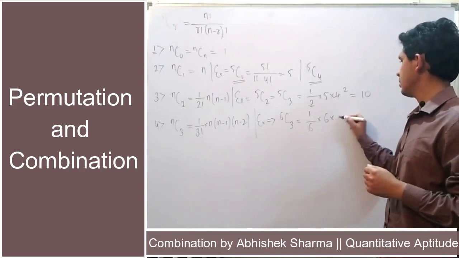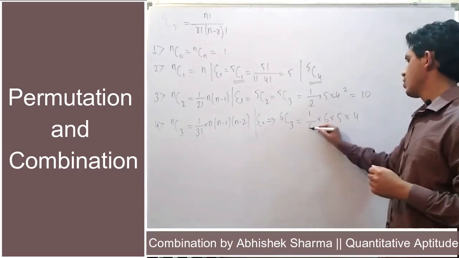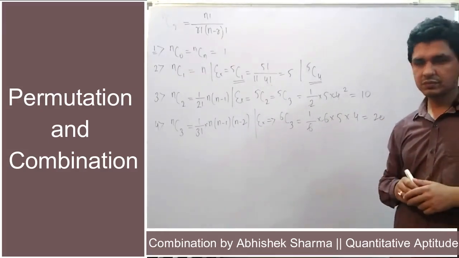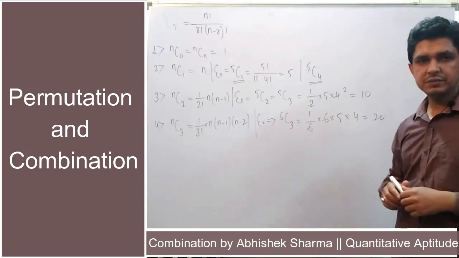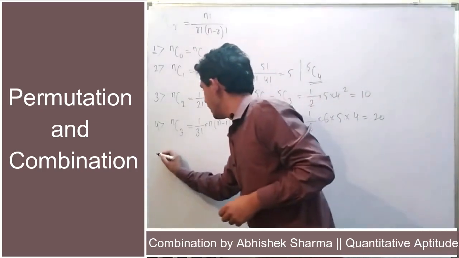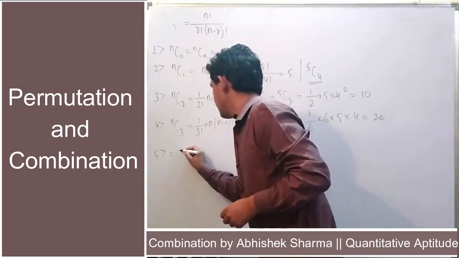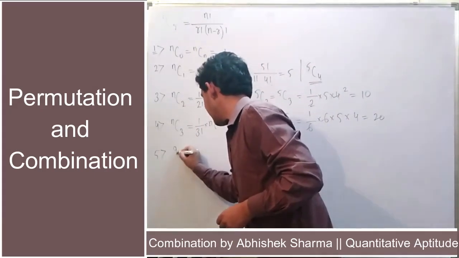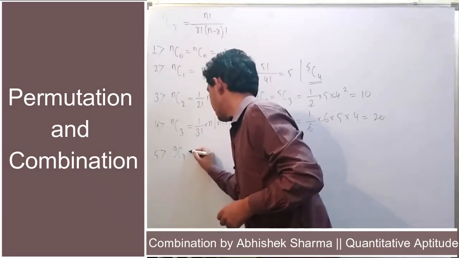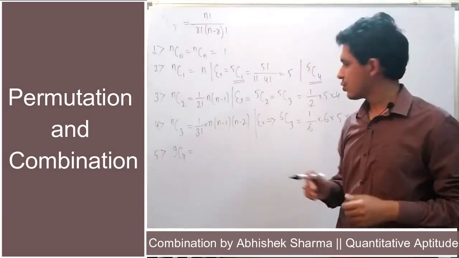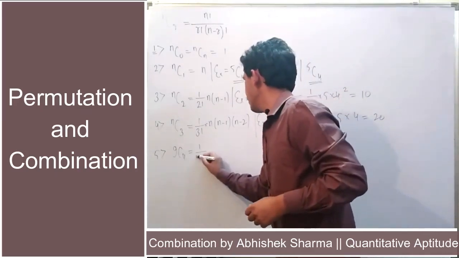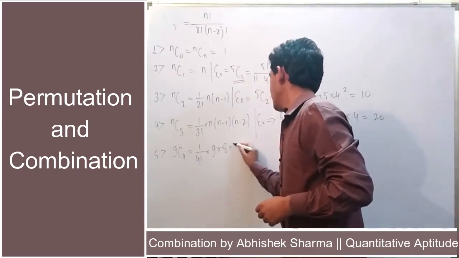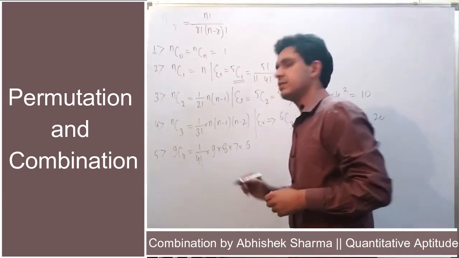We can simply write the value as 20. On the other hand, for 9C4, the value will be 1 by factorial 4 multiplied by 9 multiplied by 8 multiplied by 7 multiplied by 6.